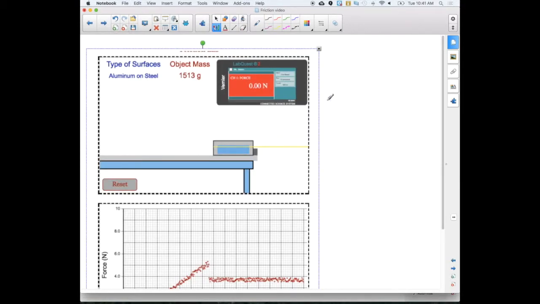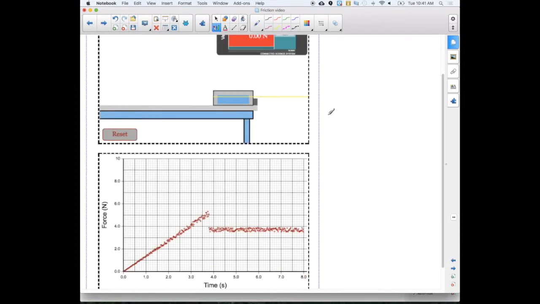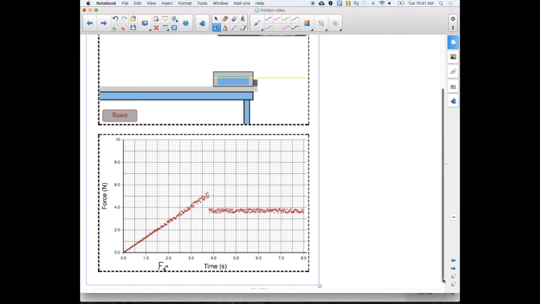So what's worth noting is that this is force, and down on this axis, although it says time, in some ways it also looks like the opposing force. That's the force that keeps the block from sliding, right? This is, in essence, the applied force.